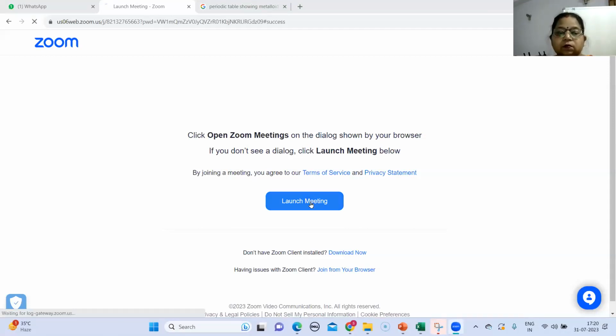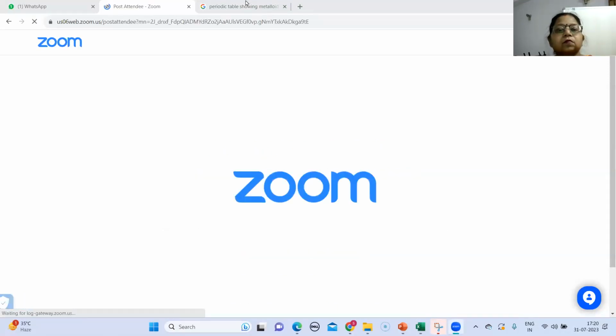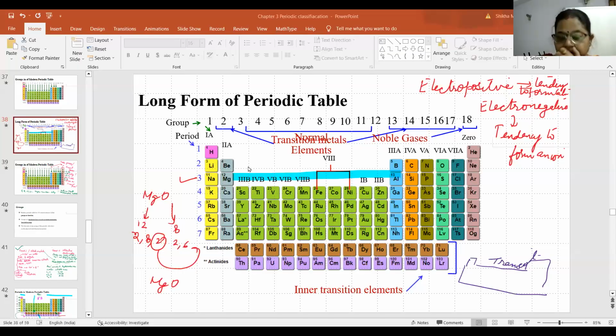Before we start, can somebody tell me what were the limitations of Mendeleev's periodic table? Can someone tell me the defects or the drawbacks of Mendeleev's periodic table?